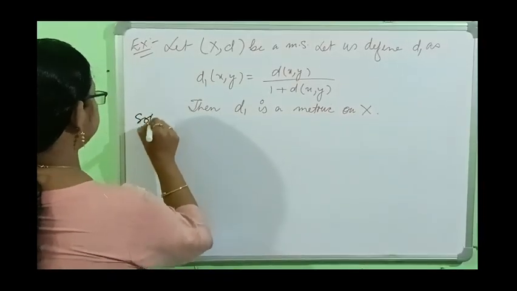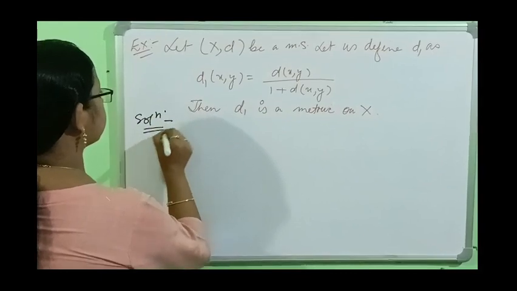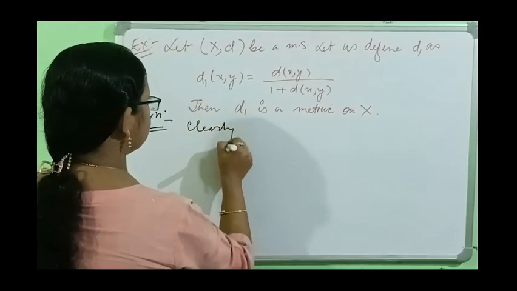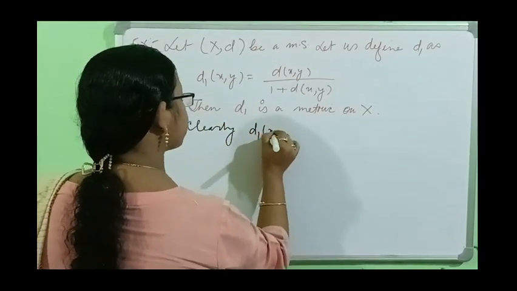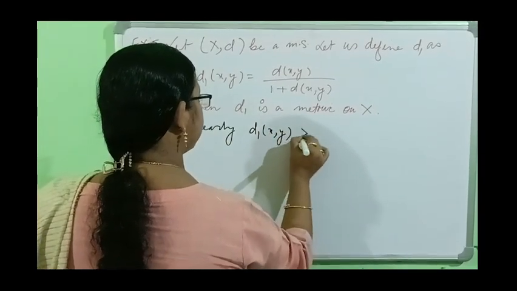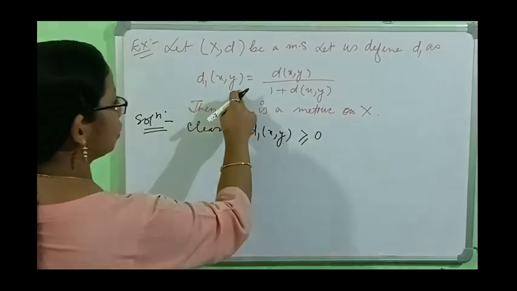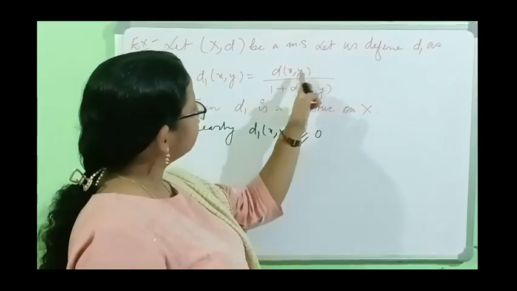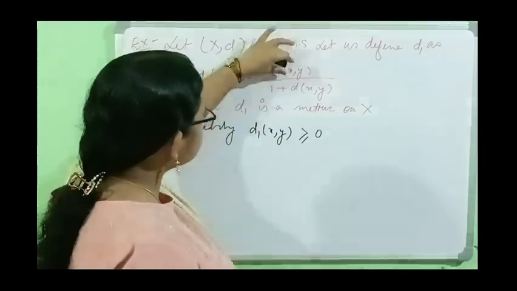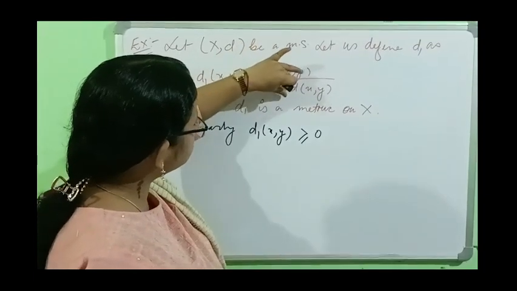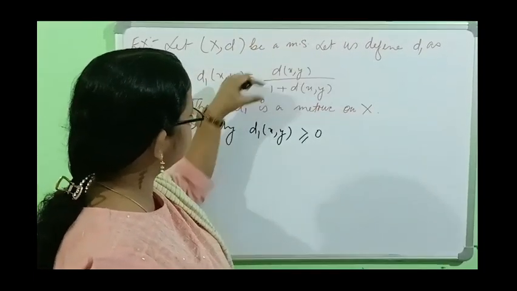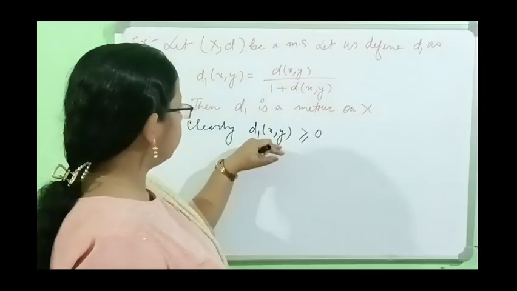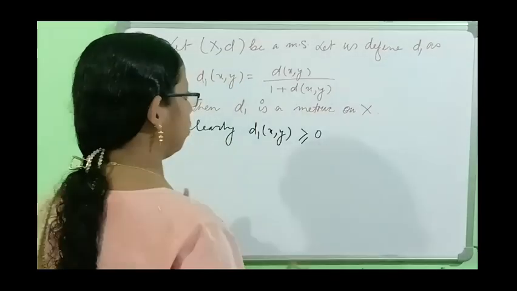Solution. Clearly d1(x,y) is greater than or equal to 0, as d1(x,y) is equal to d(x,y) by 1 plus d(x,y), and d(x,y) is a metric, so this is greater than or equal to 0, 1 is greater than 0, so their sum is greater than 0, so d1(x,y) is greater than or equal to 0.